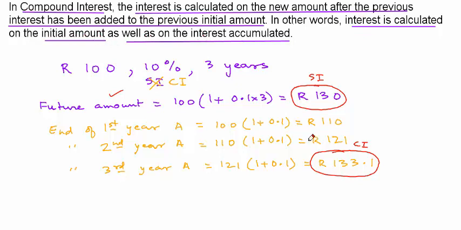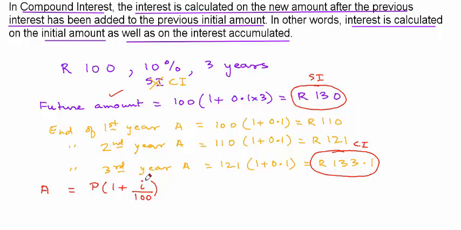Let's try and get that in one single step. The amount after a certain number of years, we are going to keep that open. We are going to say that n number of years is going to be the initial amount, call that P, times 1 plus I over 100, is the amount at the end of the first period. Now all of this becomes the initial amount for the second year.